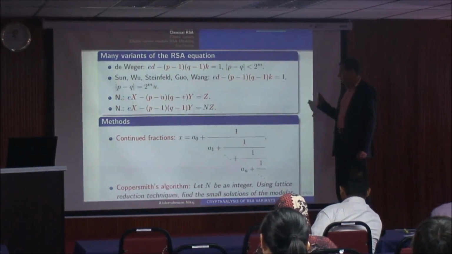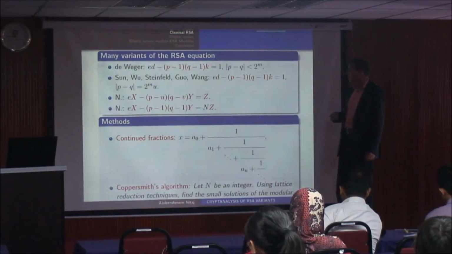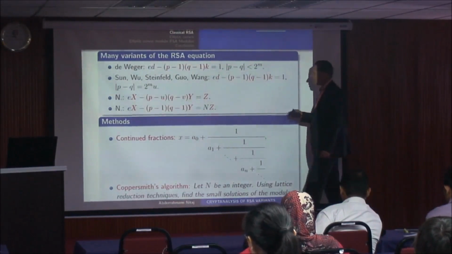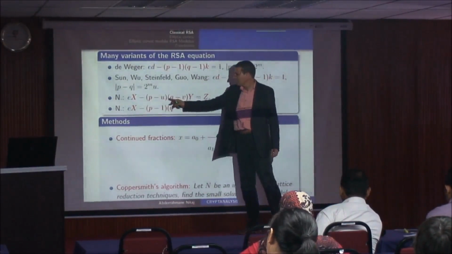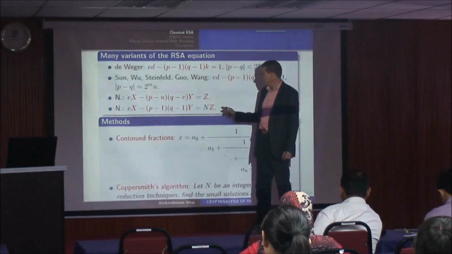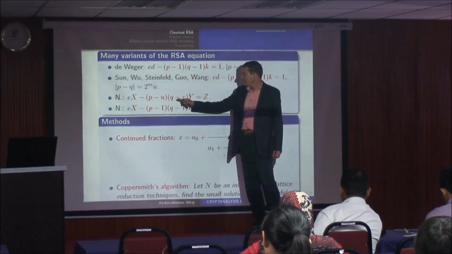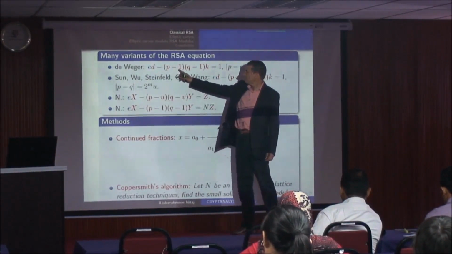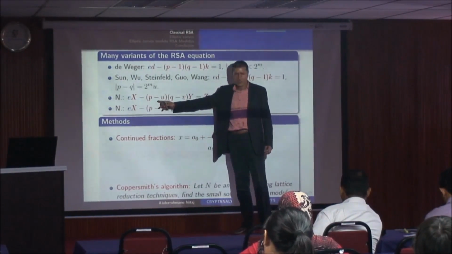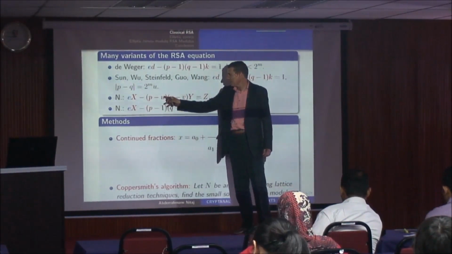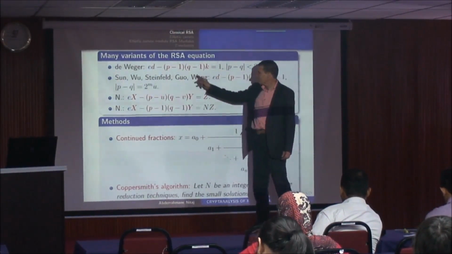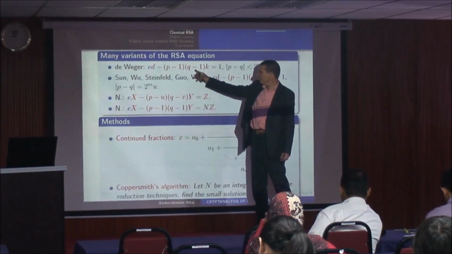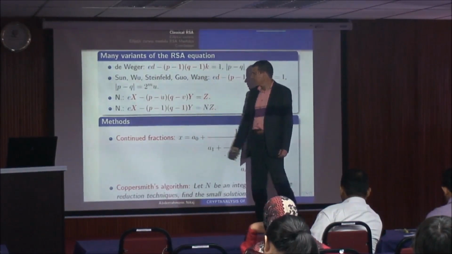Also, there are many other variants of the RSA equation. For example, we can consider this equation and also this equation. In this situation, here we need p minus 1, and in this equation we need only p minus some u, and instead of q minus 1, we have q minus some v.